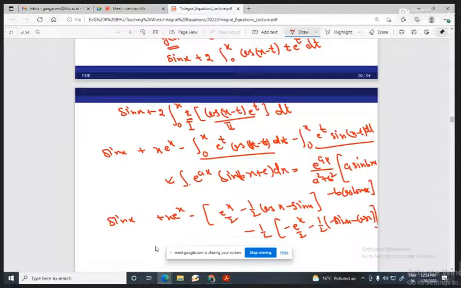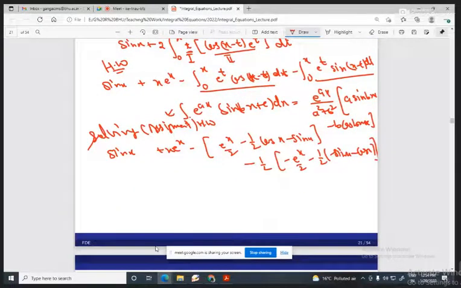Solving this is your homework assignment, so try to solve it. When solving and arranging the terms, the other terms will cancel out and you will obtain only x e^x.